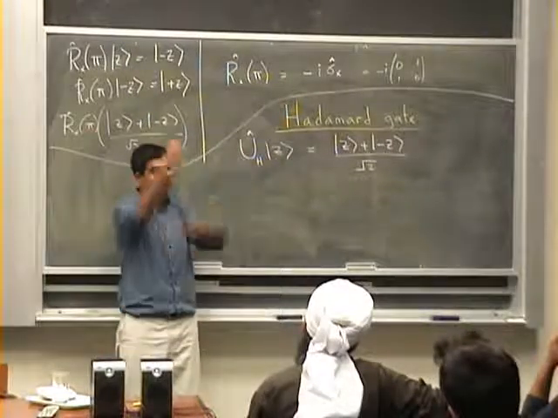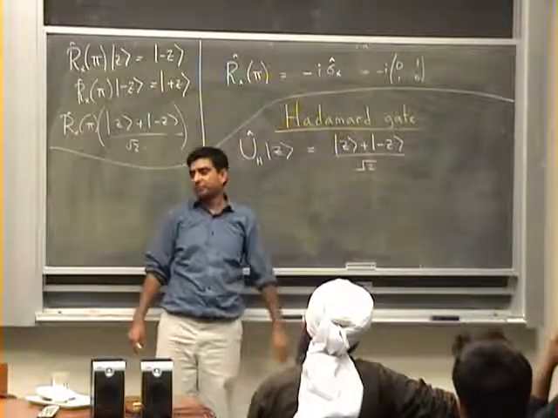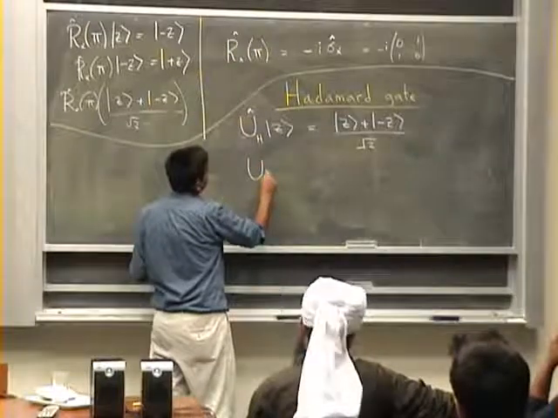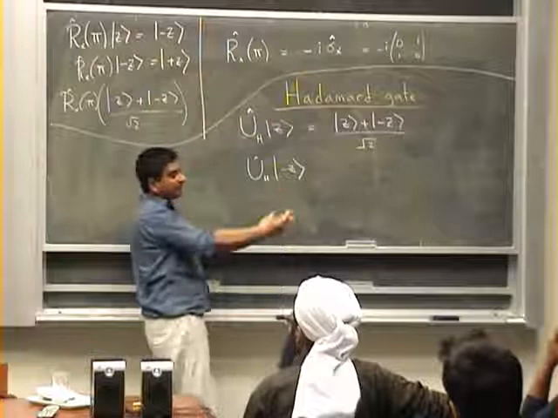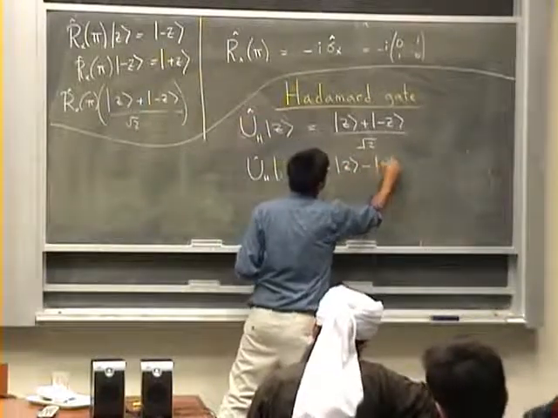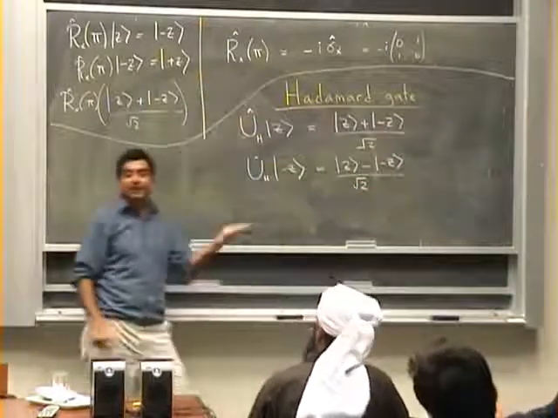Or plus z spin state, then you will get x spin state at the output. Likewise, if this gate acts on the minus z state, you get ket z minus minus z over root 2, right? So this is how we define the Hadamard gate.